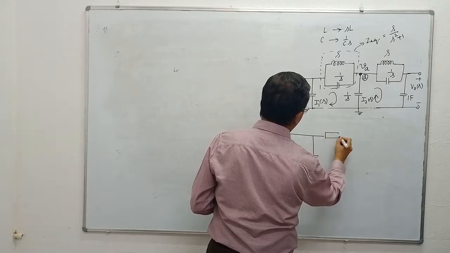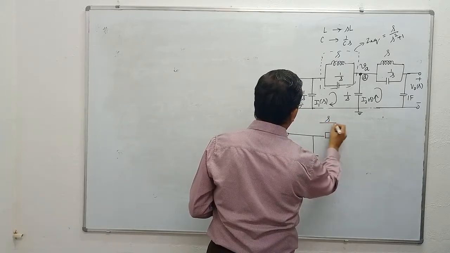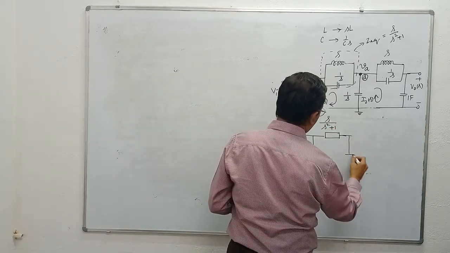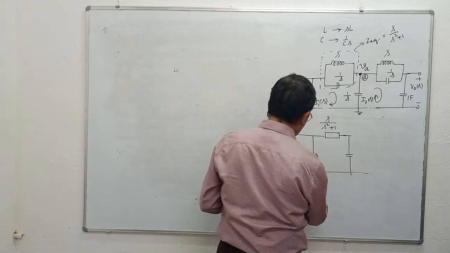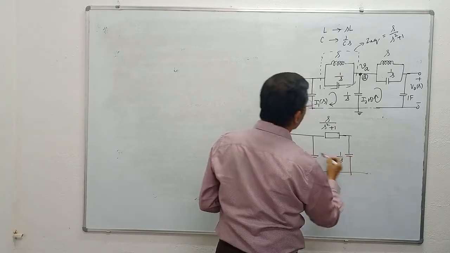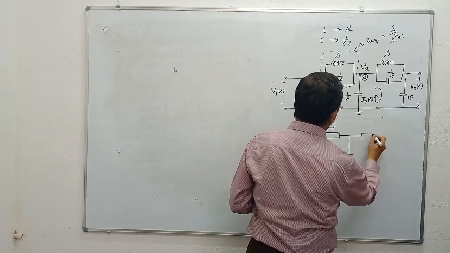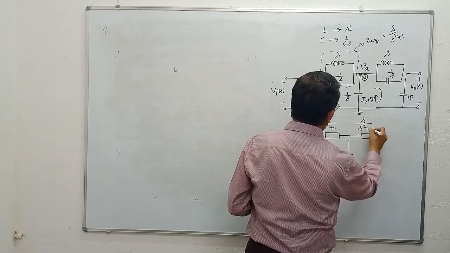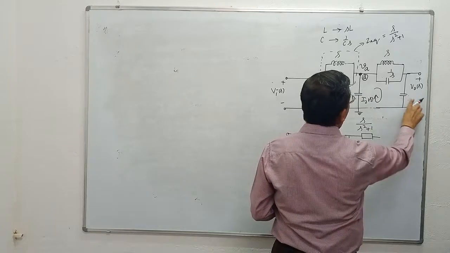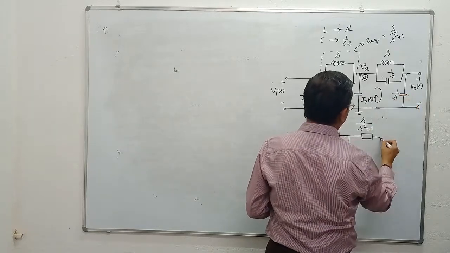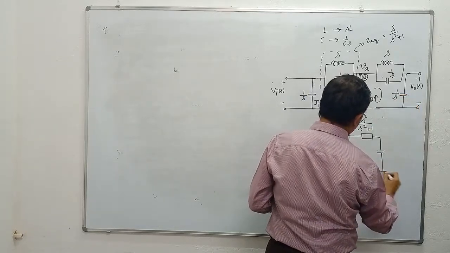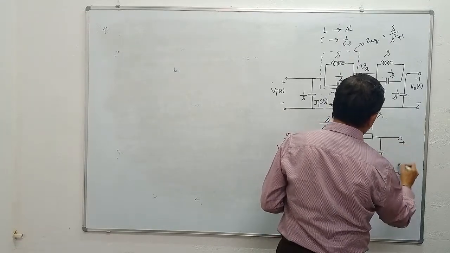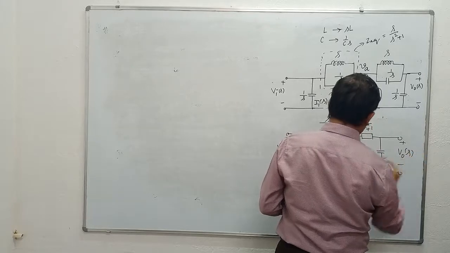This is the impedance, which is S divided by S square plus 1. This is 1 by S, and 1 farad is 1 by S. The output voltage in S domain is V naught of S.